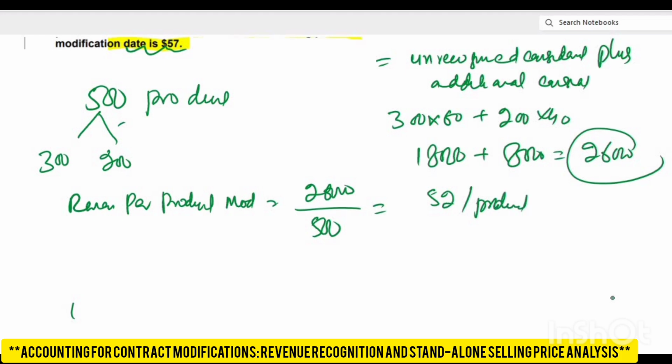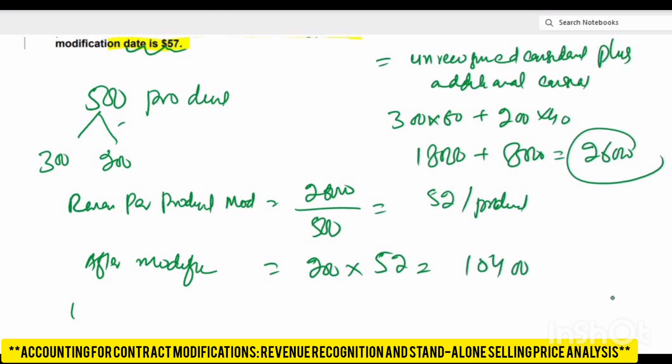Now after modification, revenue will be 200 multiplied by 52. So you will have this amount, and you know that the total amount transferred is 900.